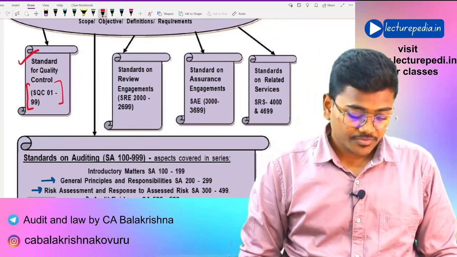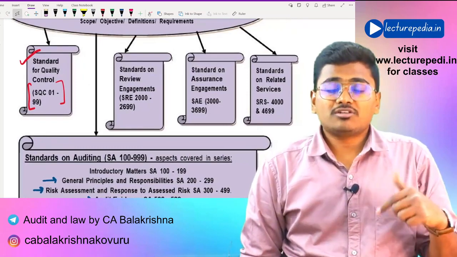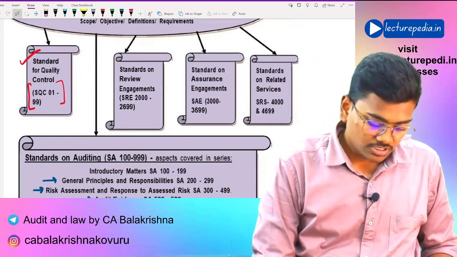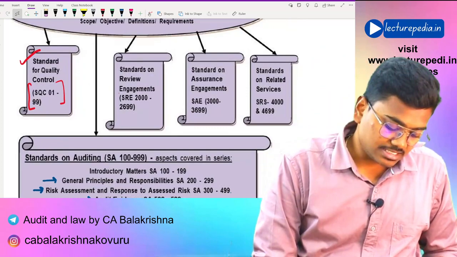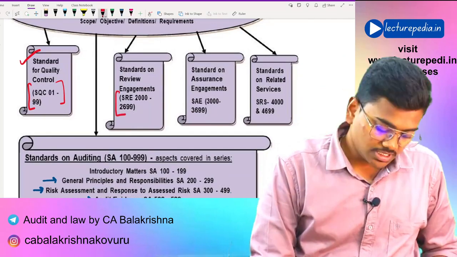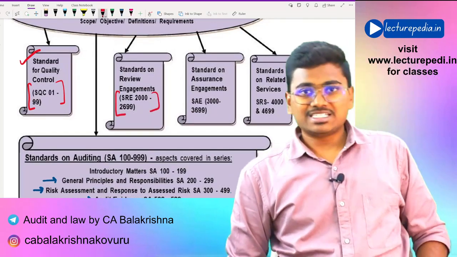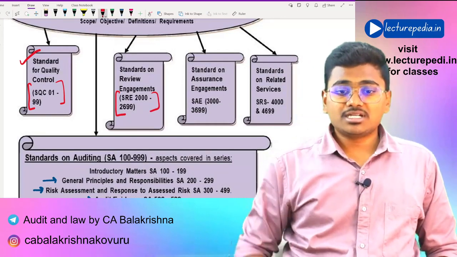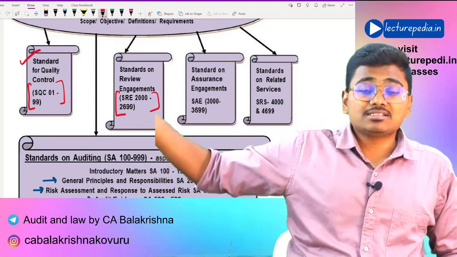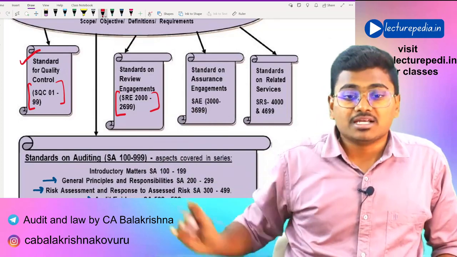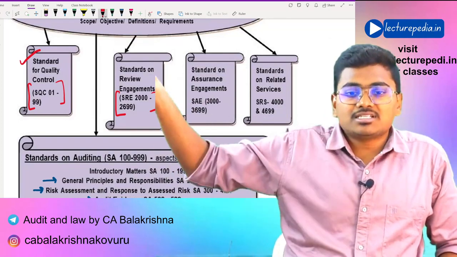In the same way, if any standards on review engagements have to be issued, they will be issued under the series SRE 2000 to SRE 2699. It doesn't mean that there are 699 standards on review engagements. No, this series is fixed for these standards.